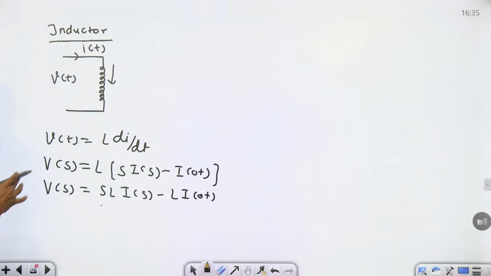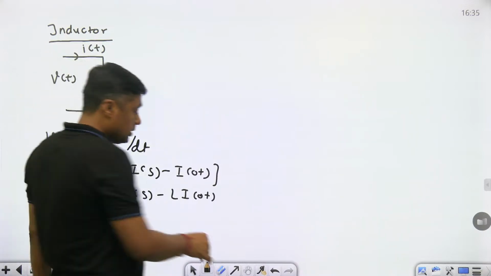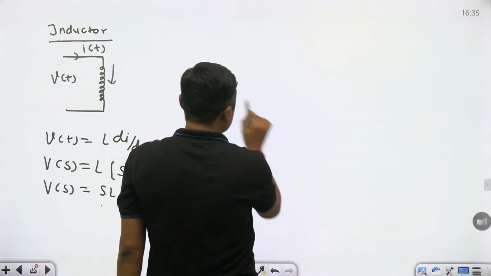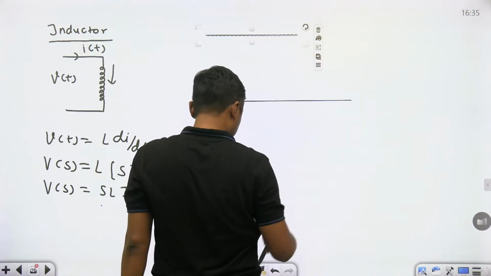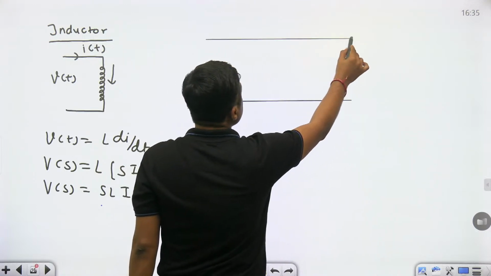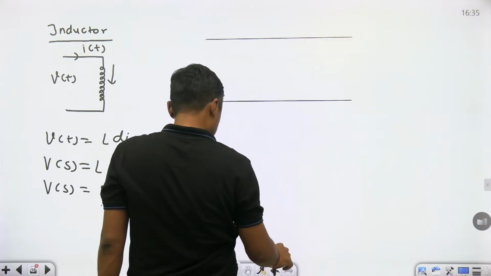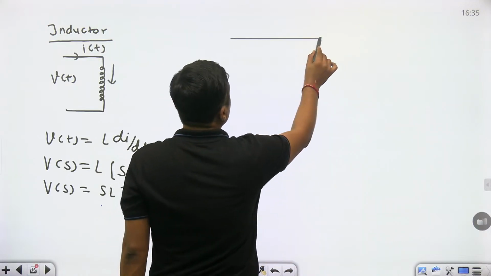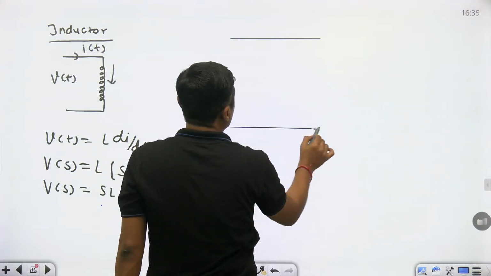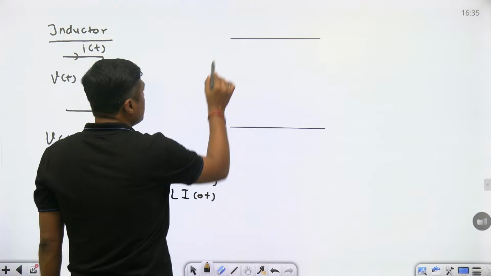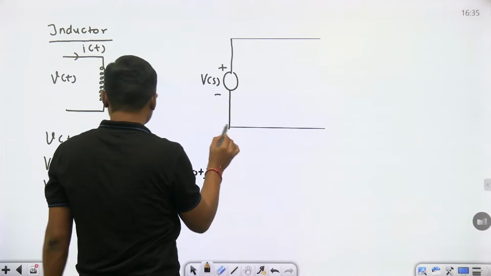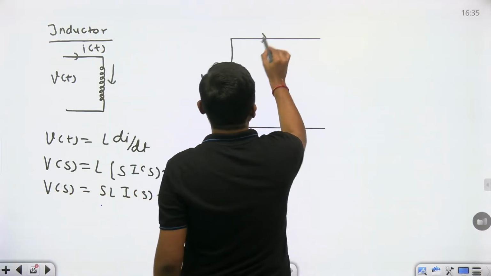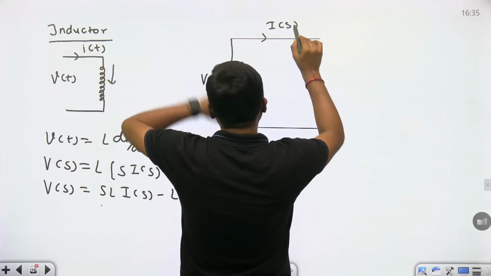This is a time domain representation; now we can convert it into the frequency domain representation. Now watch it carefully. Voltage is divided in series. This is V(s), and this is I(s).